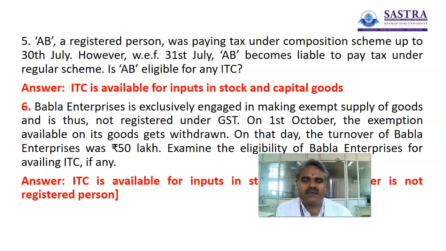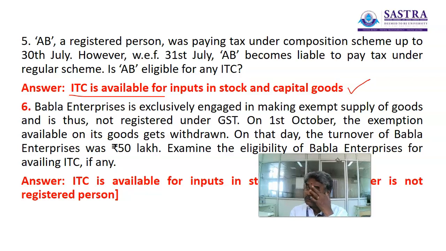AB, a registered person, was paying tax under the composition scheme up to 30th June. However, with effect from 31st July, AB becomes liable to pay tax under the regular scheme. Is AB eligible for any ITC? Yes, he is eligible because he is a registered person.